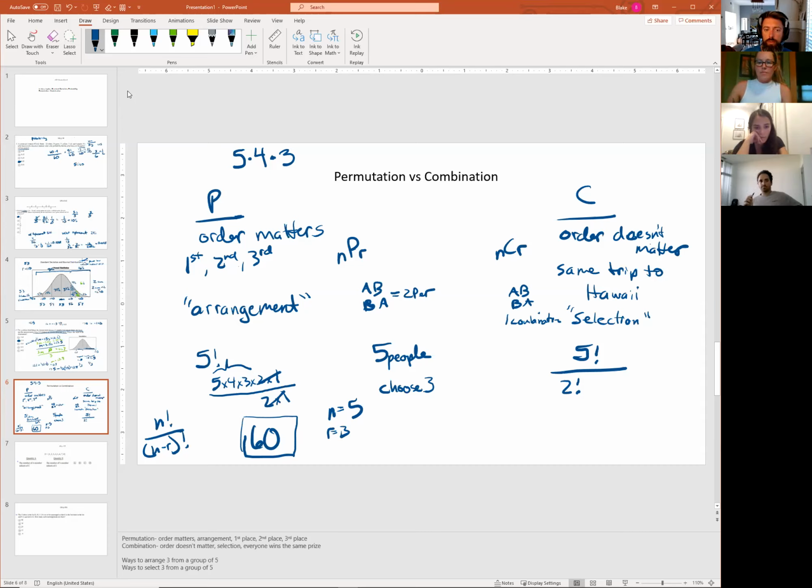So if we think of our group of 3 as, let's just say, Kennedy, Carson, Jordan, we can do Carson, Kennedy, Jordan, and we can do this, and there are 6 possibilities there. The way that you factor this into a combination is you do 5 factorial divided by 2 factorial. R, the group that you're choosing, goes in your denominator as well.